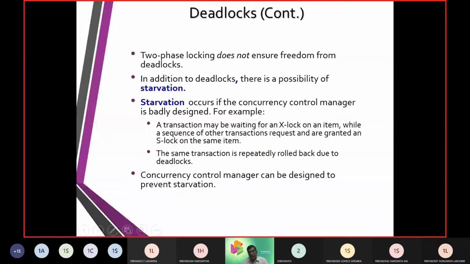When there is a deadlock, the most important thing is that there is a possibility of starvation. Two-phase locking does not ensure freedom from deadlocks, so obviously it goes with a word called starvation. It keeps on repeating, checking whether a release of a device will happen or not.